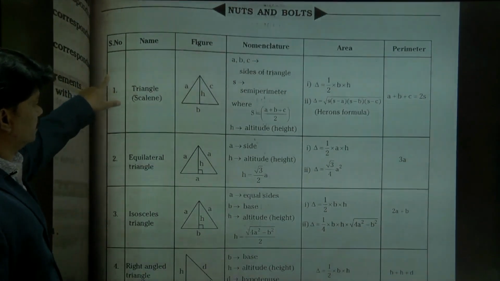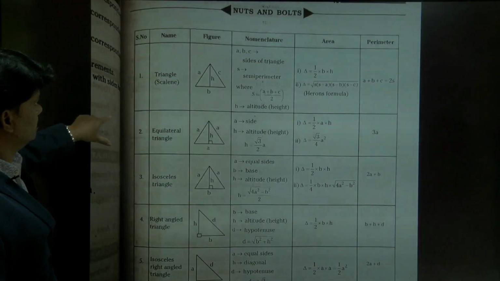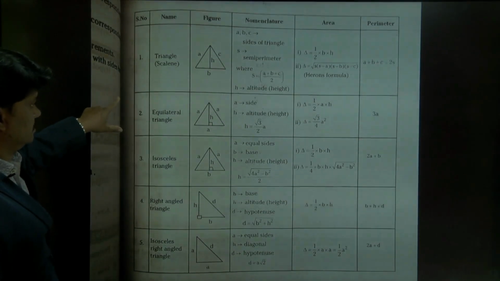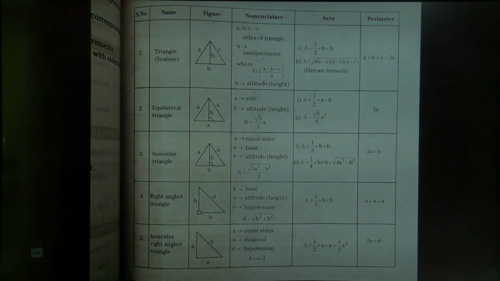Please go through this table. What are the formulas we have checked now? You will get an idea. Just check this for 2 minutes. All the triangles' areas and perimeters are available there.